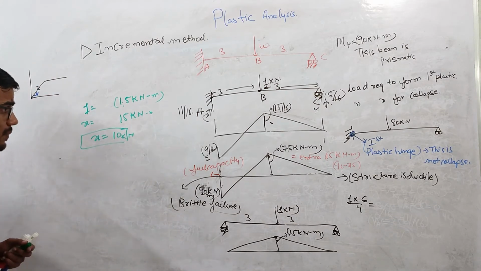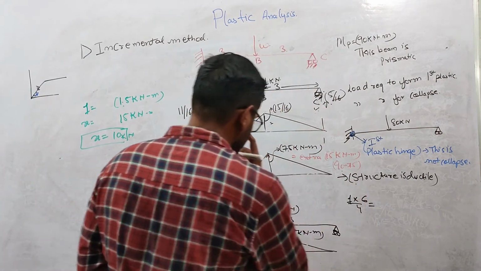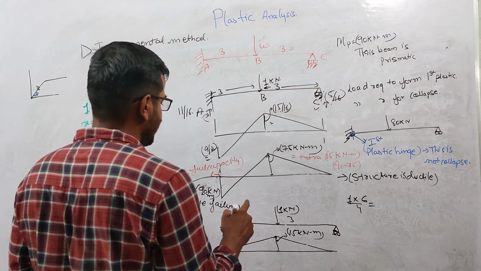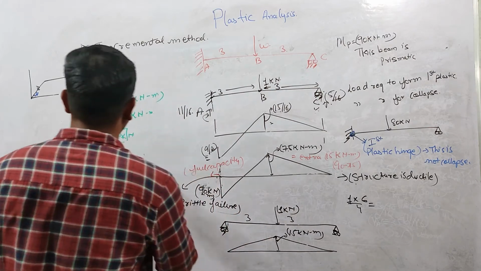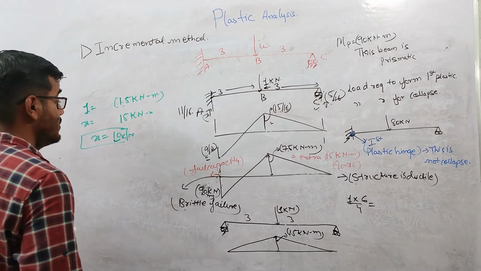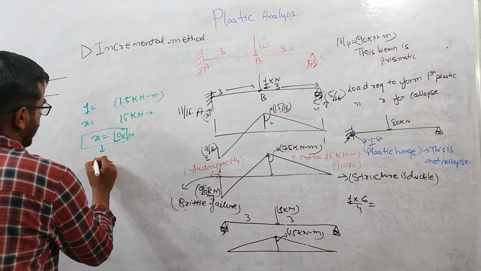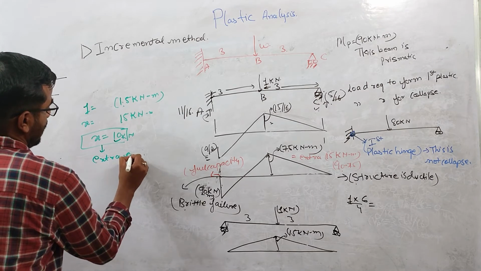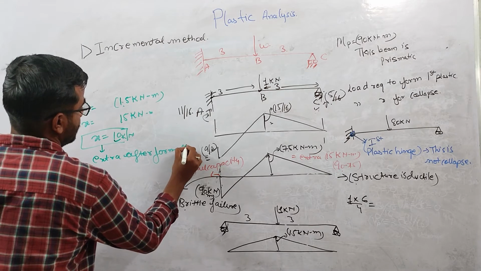So this beam can take an extra load of 10 kilonewton after formation of the first plastic hinge.